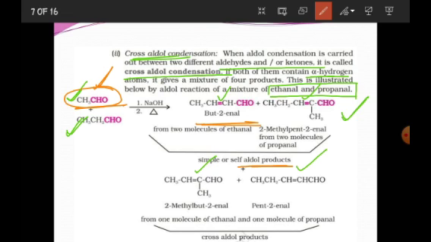And this propanal will react with one molecule of propanal and give self-aldol products. And in the second case, these two can react in 2 ways, which I will tell you, to form 2 cross-aldol products. So, let us see the reaction in detail.